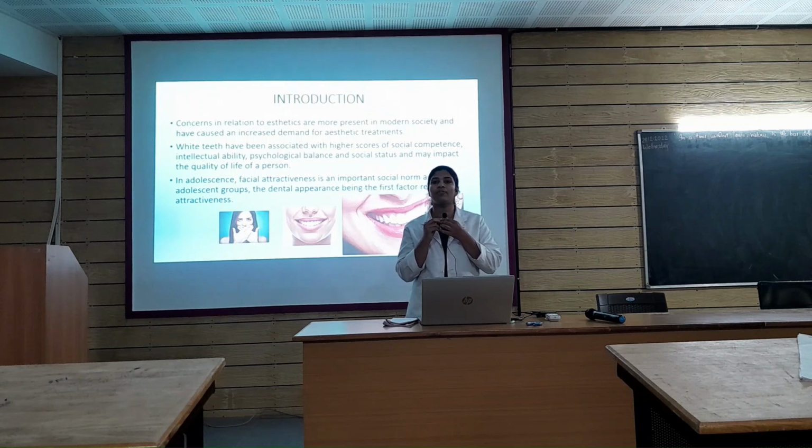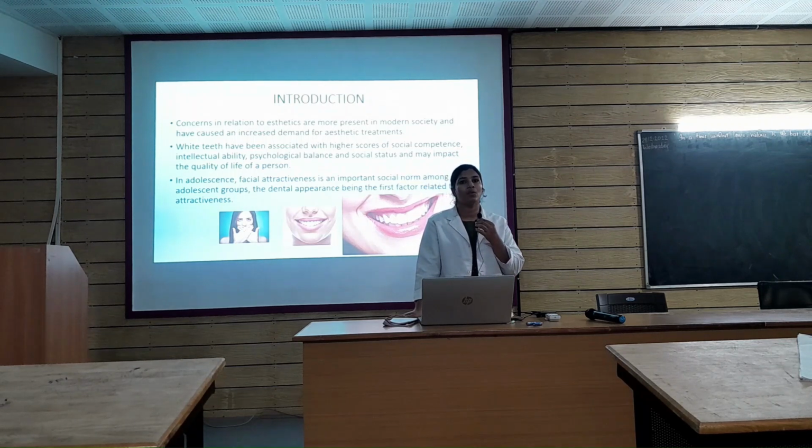There is an increased risk of demineralization, and they develop a white opaque appearance on their tooth surface after the orthodontic treatment. That's the main cause of white spot lesions, and for the treatment of these white spot lesions, we focus on ICON.